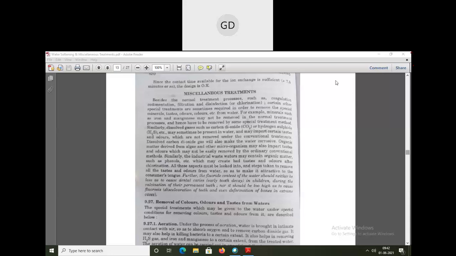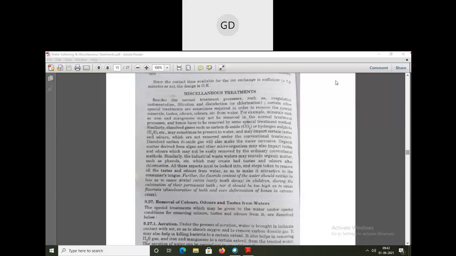Then you have some dissolved gases also, like carbon dioxide and hydrogen sulfide gas, which cause a very bad smell and also impart some bad taste in the water. You have to remove that in this miscellaneous treatment part. We have studied dissolved carbon dioxide in the taste and physical characteristics of water.